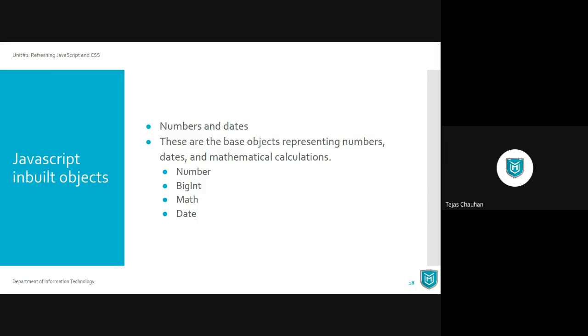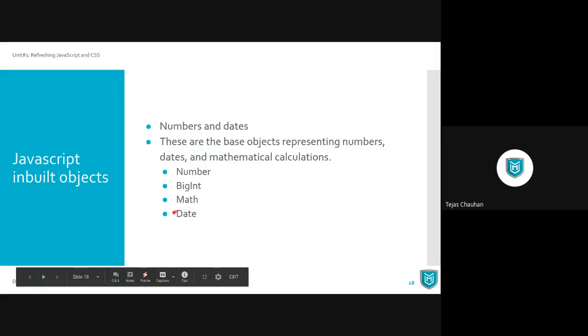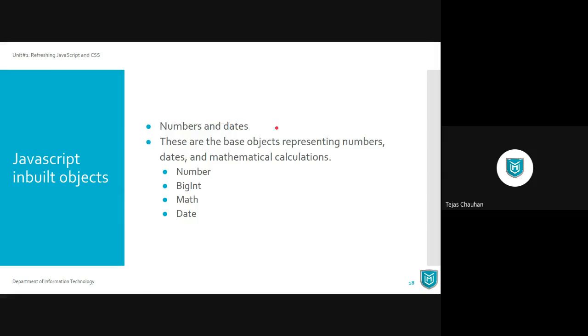So there are a number of methods in this date object, like getDate, getDay, getHours, getMinutes, getMonth, getSeconds, getYear, and all those things. So those are a few more methods in the date object which we can use if we want to work with the date, right? So these are the inbuilt objects available in JavaScript, and we can directly have an object for these things.